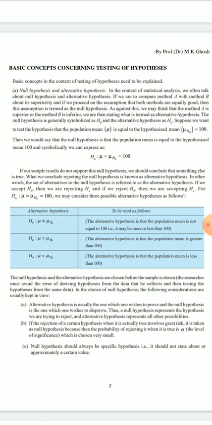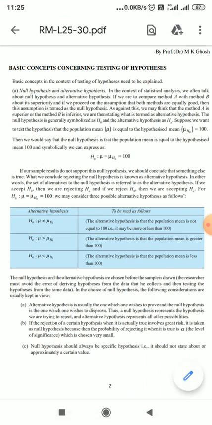So the null hypothesis and the alternative hypothesis are chosen before the sample is drawn. In the choice of null hypothesis, the following considerations are kept in view.